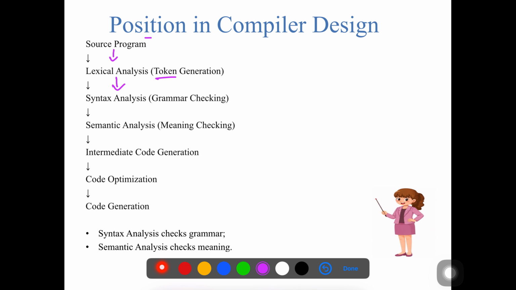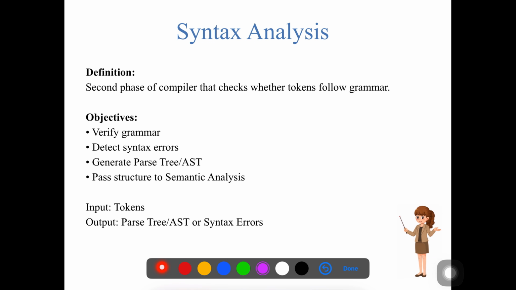After successful parsing, the program moves on, where the compiler verifies the meaning of the program by checking data types, variable declaration, and scope rules. Finally, the program proceeds to intermediate code, code optimization, and code generation. So the syntax analysis checks the grammar, and semantic analysis checks the meaning. We'll go into the next slide.